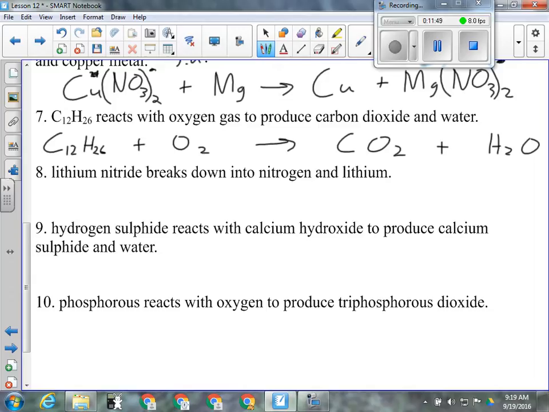I'm going to be dealing with pretty big numbers here, agreed? Yes, okay, because 12 is also an even number, which means I need to multiply it by 2, which is going to make things even bigger. All right, so I need over here 24 carbons, and over here I need 52 hydrogens. So I've got 48 oxygens in the carbon dioxide, 24 times 2, plus another 26, which should give me 74, right?